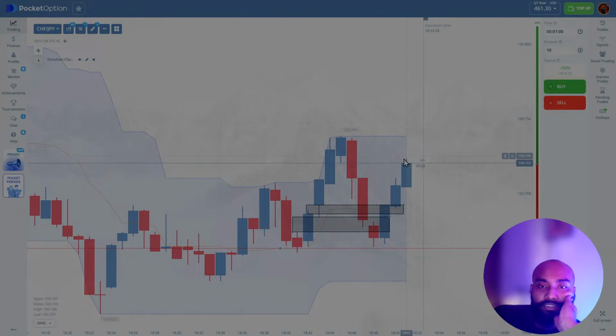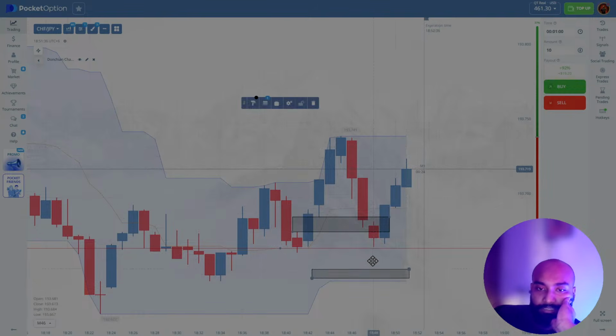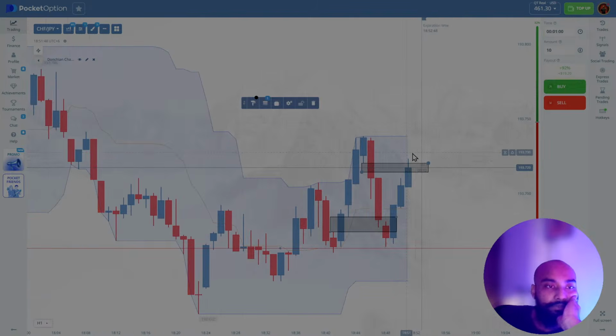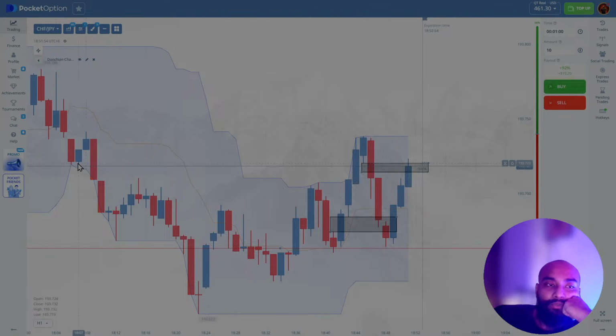So what is the market doing right now? It's backing up from this level. Backing up to where? To this way. Here we have a support acting as a resistance.